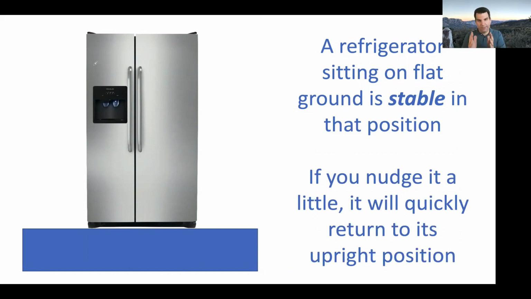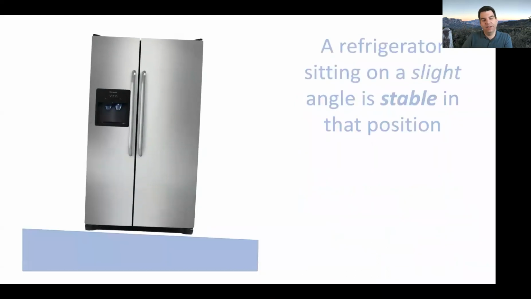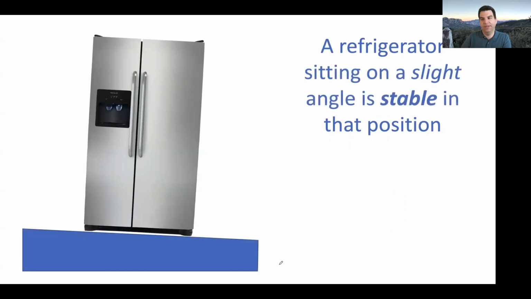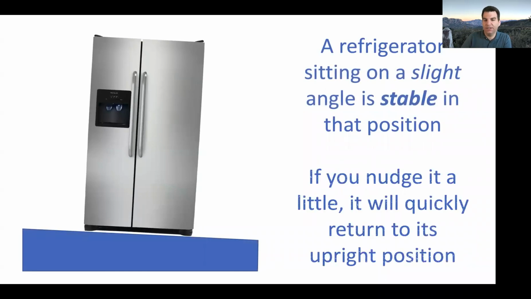It's going to eventually come to rest upright as expected. So that's when it's sitting like this. Now, if we set it on not level ground and we nudge it just a little, it's going to wobble a little bit, but as long as it's not tilted that far, it will still end up resting upright.